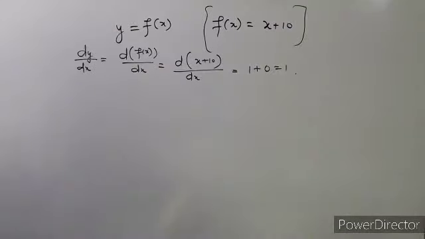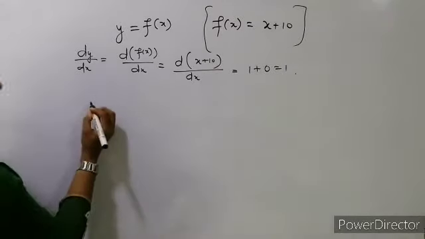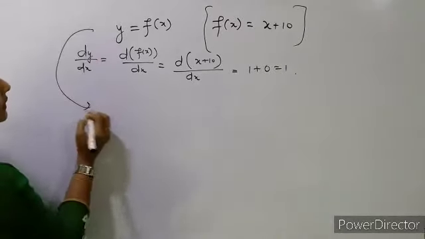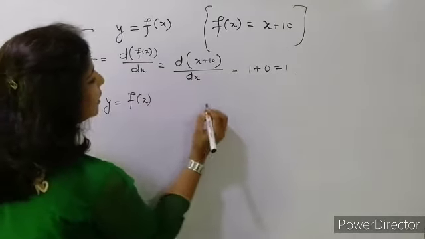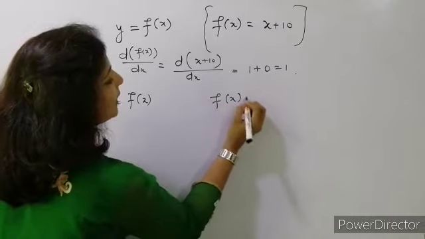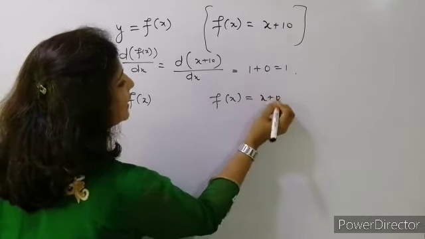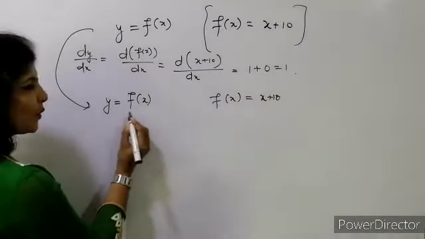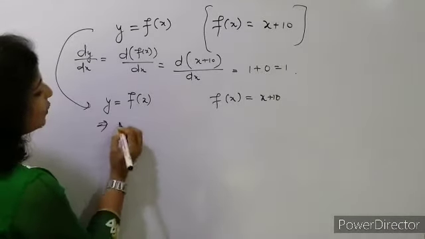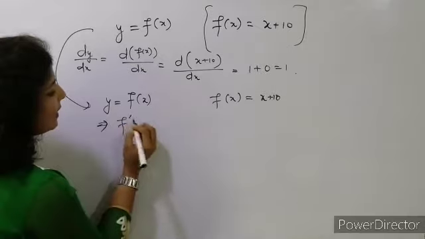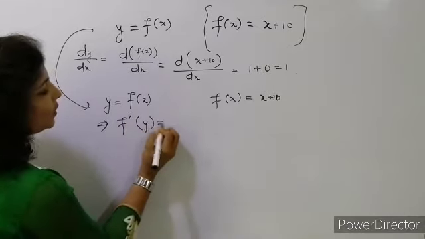Now we have to find out the inverse function. To see the derivatives of inverse function, we'll see the same case. We'll take y is equal to f(x), and f(x) is equal to x plus 10. So the inverse of y, f inverse of y, will be equal to x.